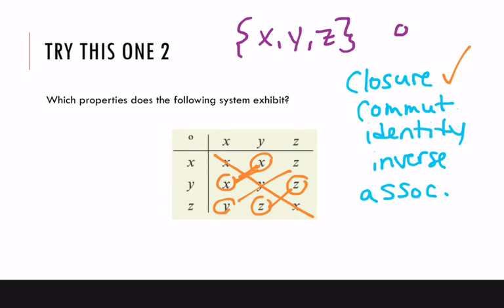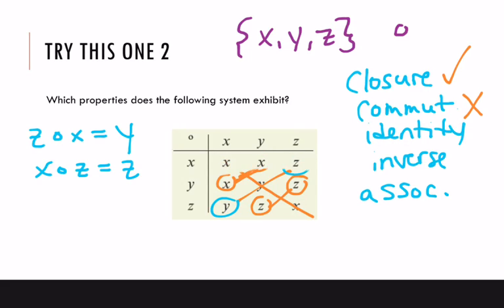But here we have two that are different. Okay, so z circle x is y, but x circle z is z. Okay, so two different answers, so this is not a commutative system.